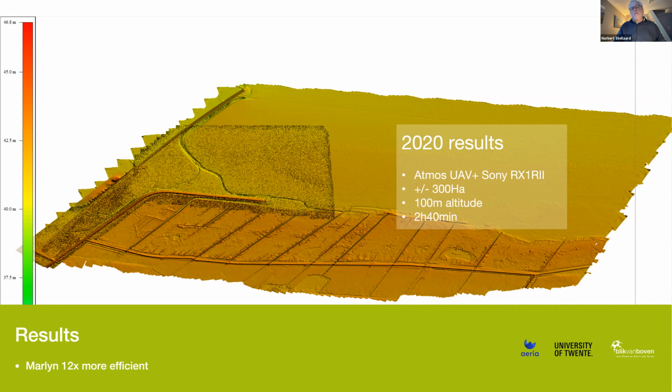We flew with Marlyn about 300 hectares in just 2 hours and 40 minutes. That's quite a lot, I guess. It shows you a very huge difference between the two. That means Marlyn is 12 times more efficient than doing this same project with a Phantom.